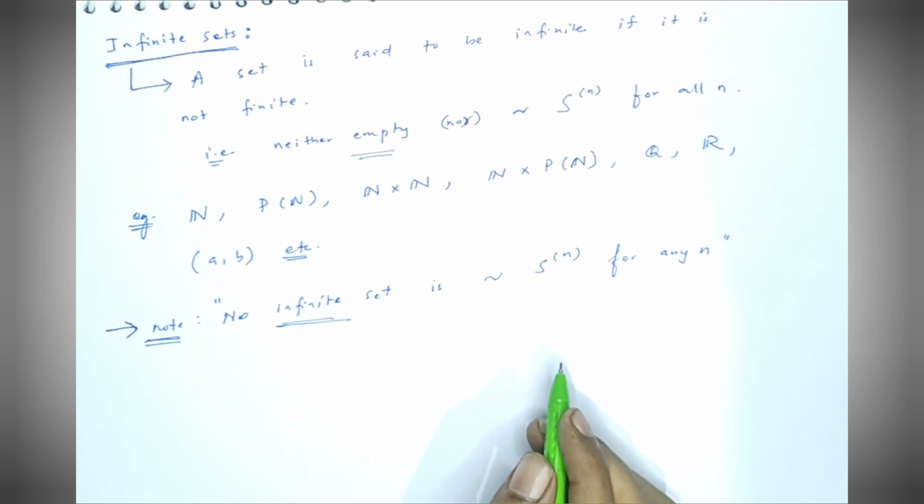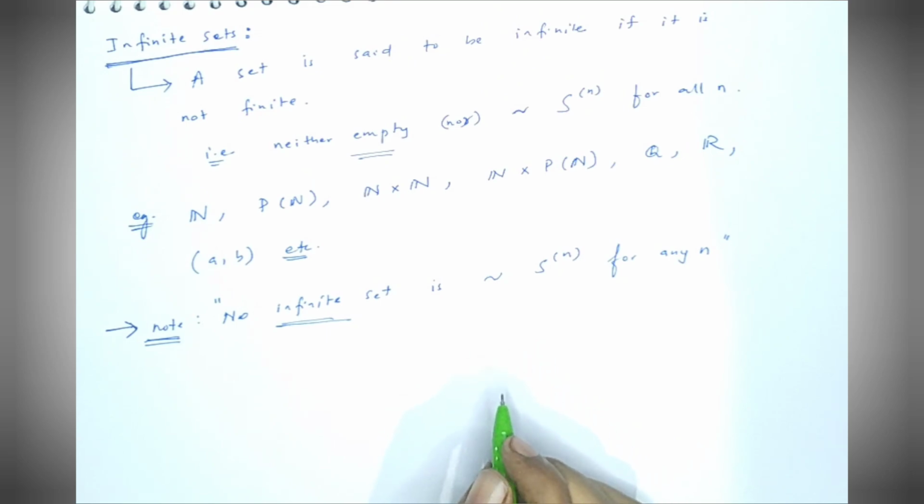So how can we study the potential of an infinite set, or how can we compare the potential of two or more infinite sets? For that, mathematicians came up with the concept of transfinite numbers.